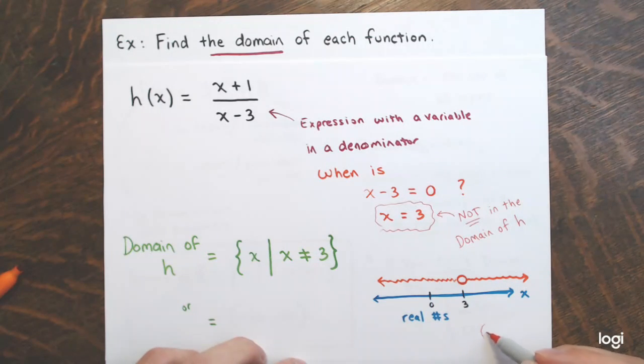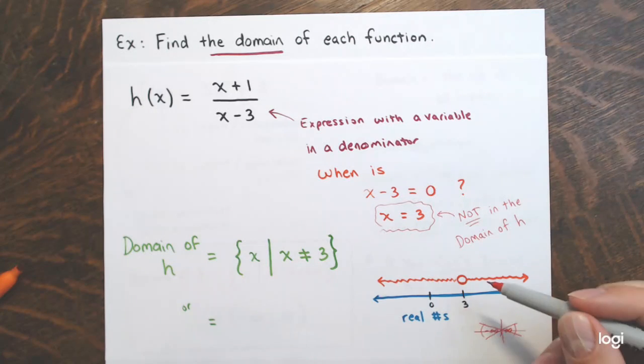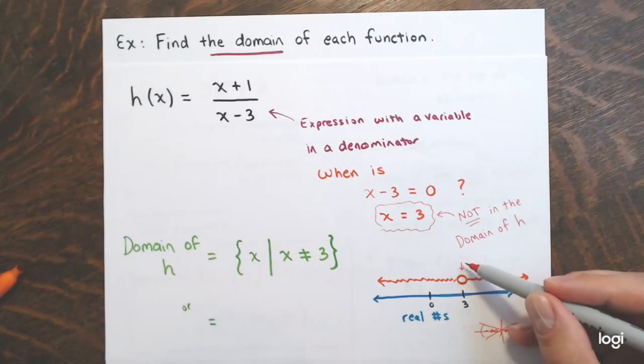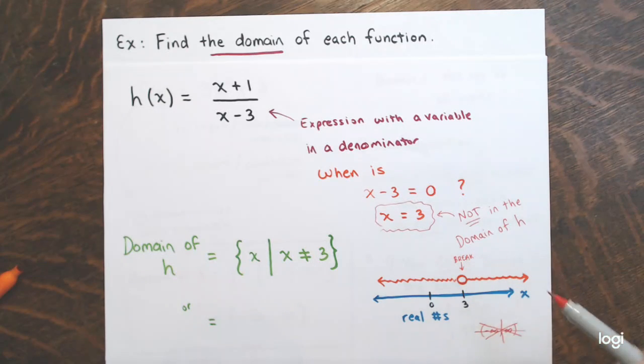Because if I did this, this would imply that everything is in the domain, but 3 is not. So this is no good, the negative infinity to infinity thing that I had in the last example, because there is a break in the graph, right here. There's a break in the domain.